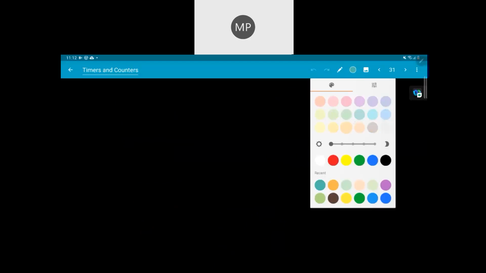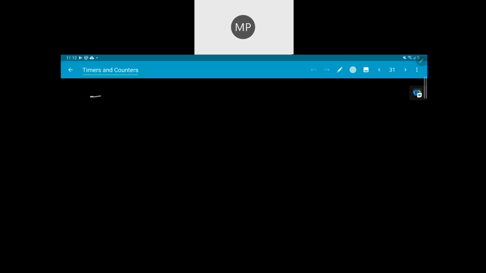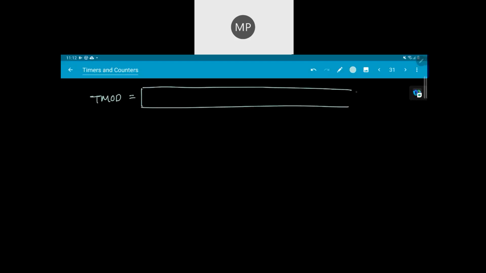So for that, let's consider the TMOD register as we know. This TMOD register, as we know, is an 8-bit register with bits as M0, M1, C/T bar, then gate, again M0, M1, C/T bar, and then gate.